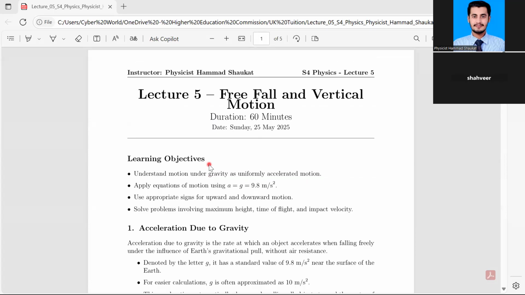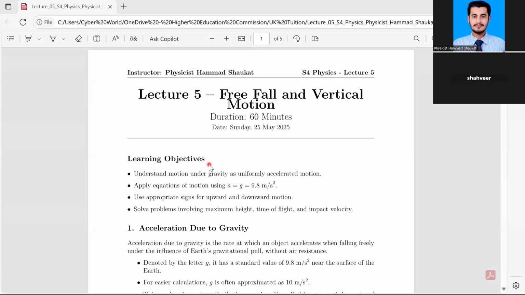So today is our lecture number 5. In this lecture, we will discuss free fall, the action of bodies under free fall, and we will also learn what vertical motions are. In our last lecture, we solved the three main equations of motion. Do you remember those three equations of motion?